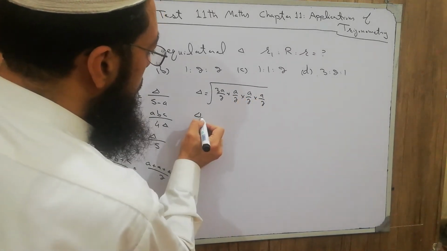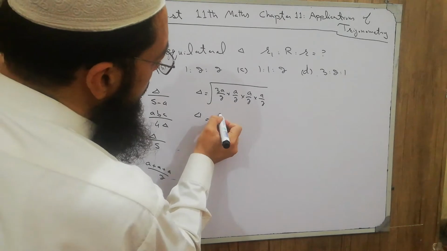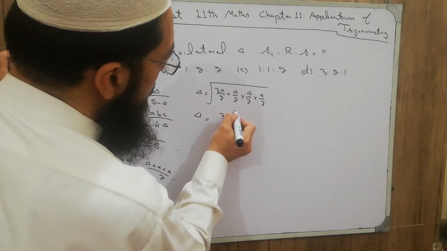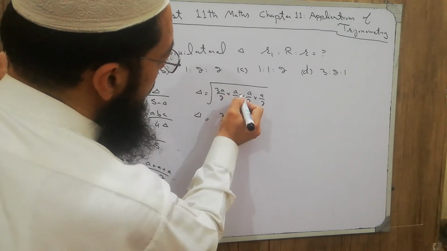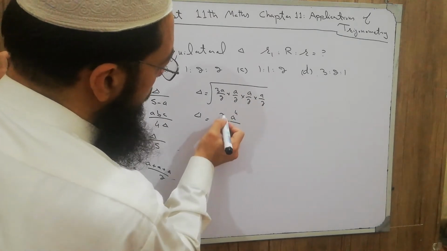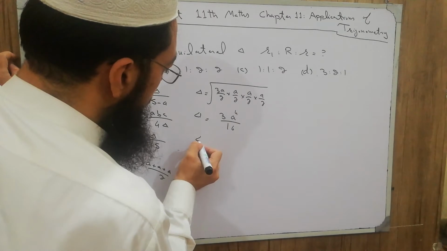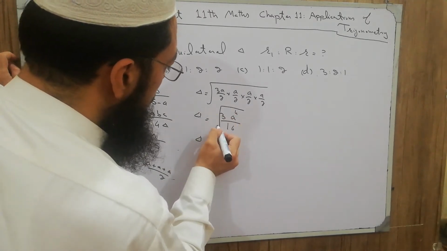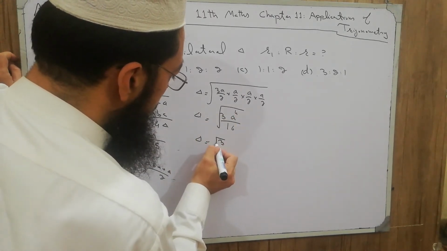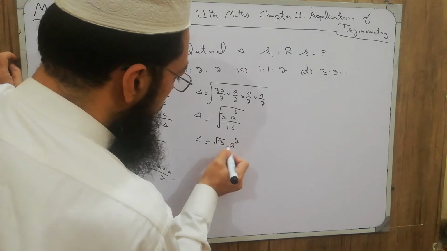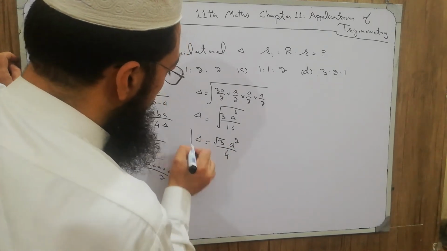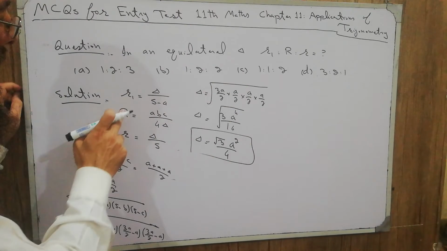So, area is equal to the square root of 3A times A times A times A, that is A to the power 4, and in the denominator 2 twos are 4, 4 fours are 16. So, area is equal to the square root of 3 A square divided by 4. This is the area. Now, we can find r1.